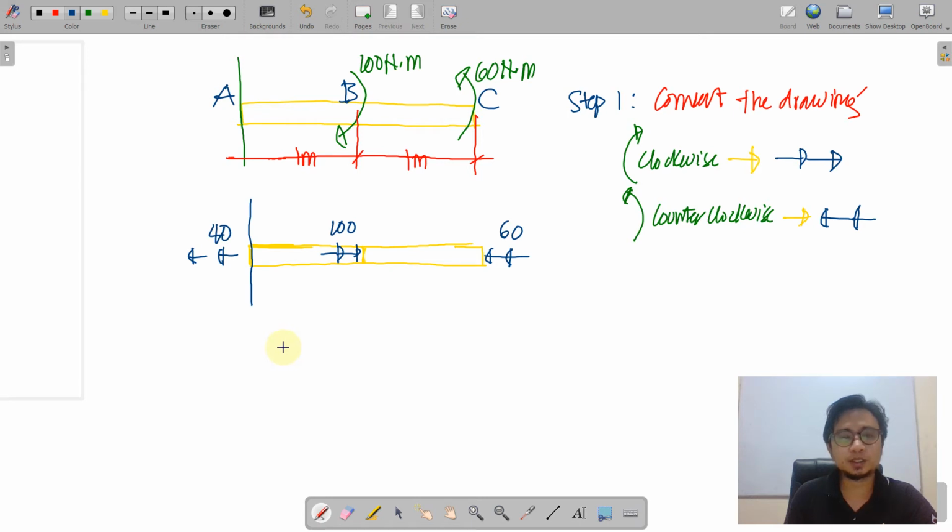So it is just converting this into horizontal lines and then applying summation of forces, or just balancing the axis of the arrowhead.